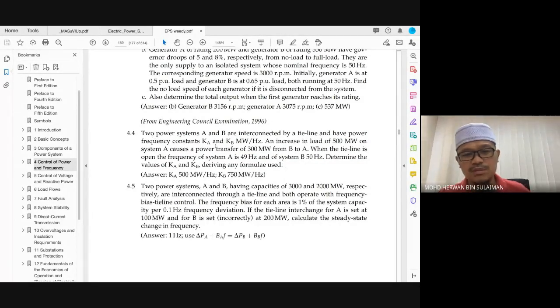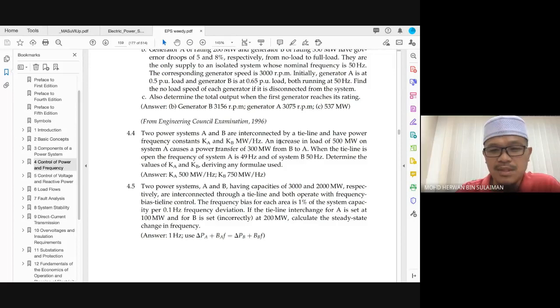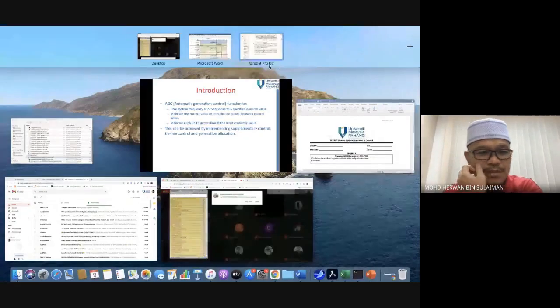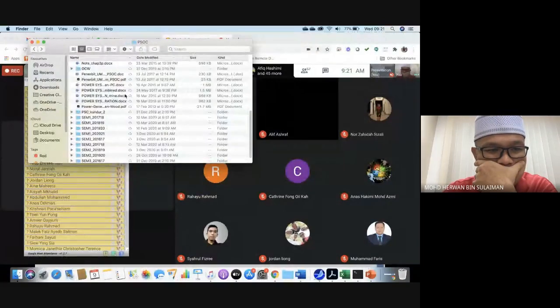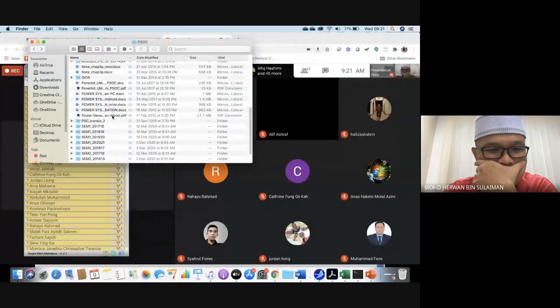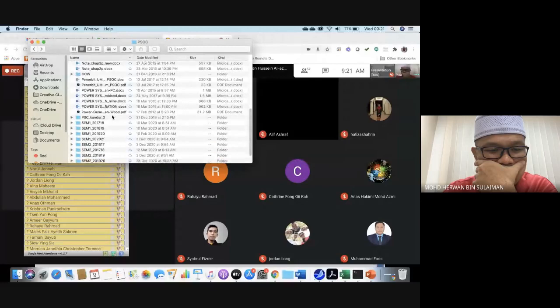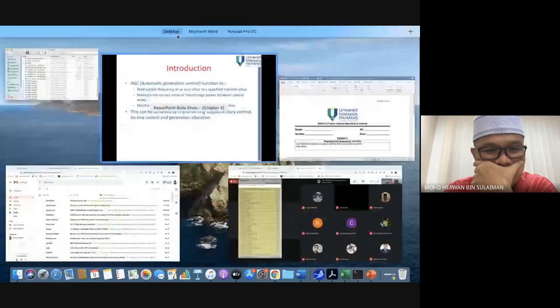Two power systems A and B are interconnected by a tie line.